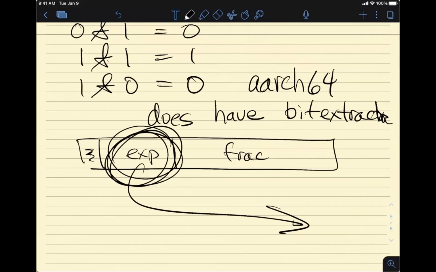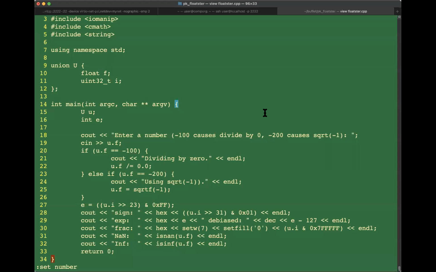Okay. All right, so let's take a look at the second program. Or actually, let me go back to the code and see if there's anything else worth discussing. Yes, there is. You may not have seen this before. See that? isnan, isinf. Those come to you in cmath.h, or cmath if you're doing C++.